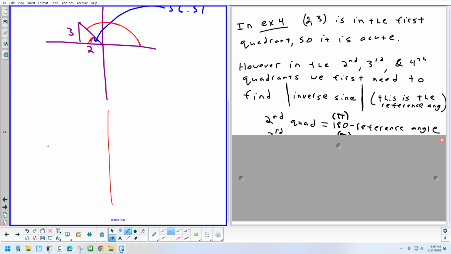Okay. Now, let's say you had the same problem again. But let's say that it was in quadrant 3. Here's your triangle. If you do inverse sine, you're going to be solving for this angle right here. That will come out to 56.31. That's called your reference angle. But what they're going to want to know is that. If you knew this, how do you think you would get that?